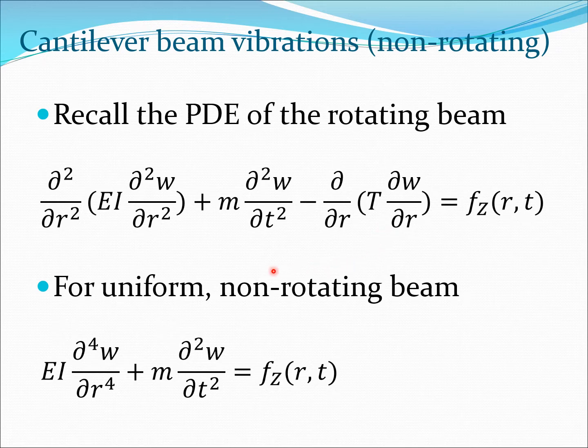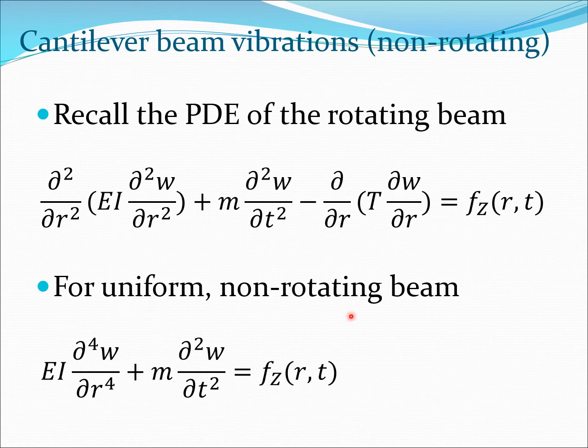So to get some physical insight into the problem, we are going to make a couple of approximations or simplifications. First is we are going to set the tension T equal to 0. And next we are going to consider EI to be constant, and that is a uniform beam.